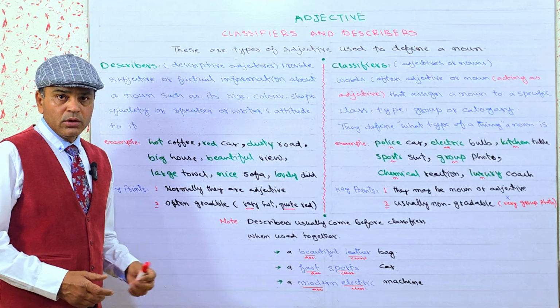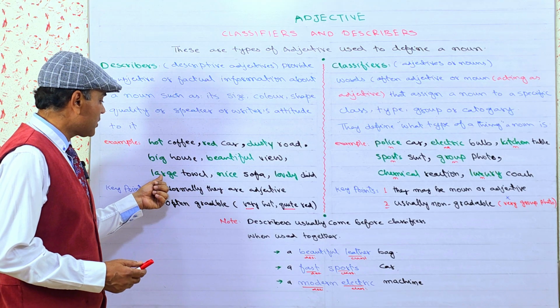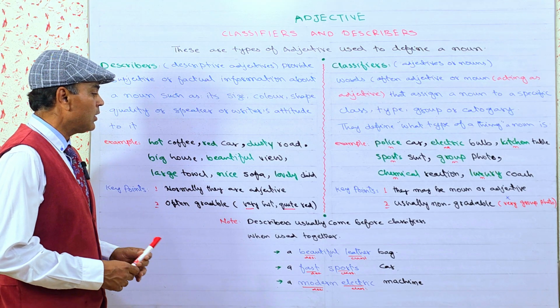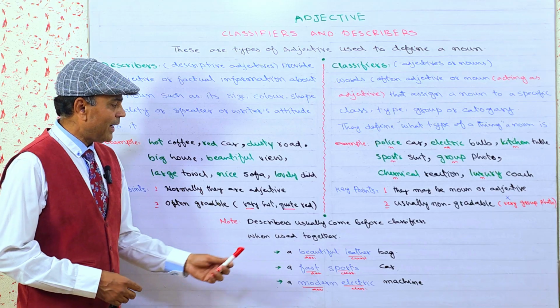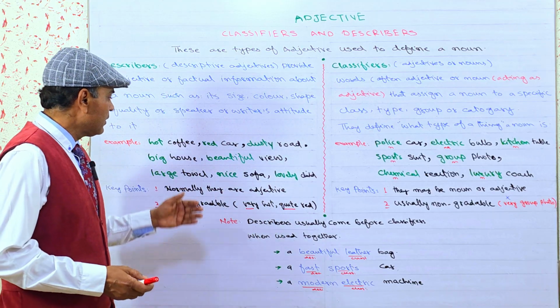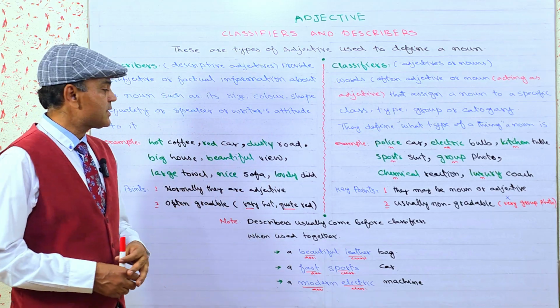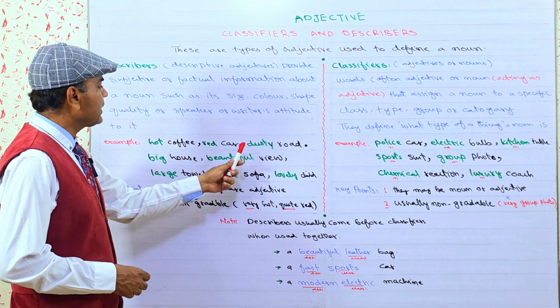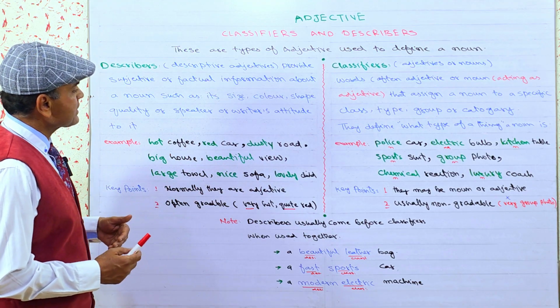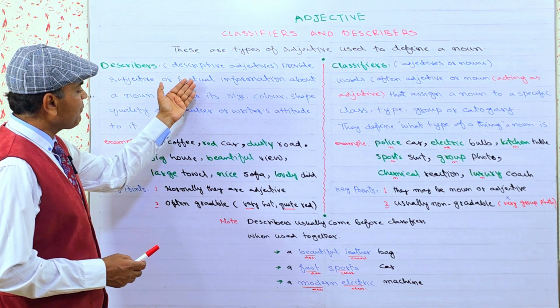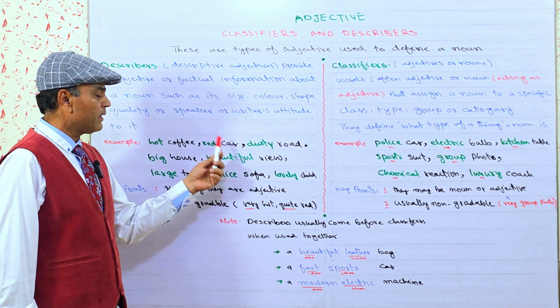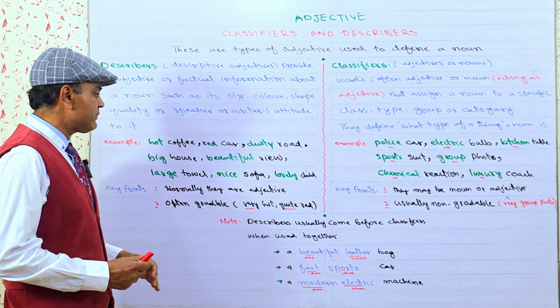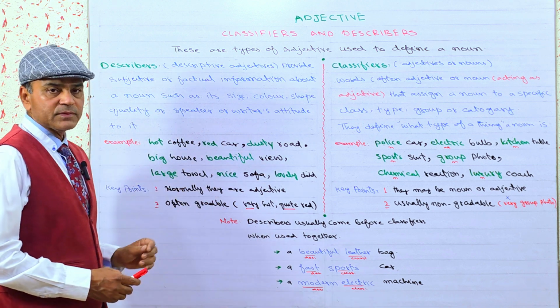Large tall. Here the word large describes the tall. Nice sofa and lovely child. In all these examples, the adjectives in green tell us subjective or factual information about the nouns. And in parts of speech, all these words are adjectives.